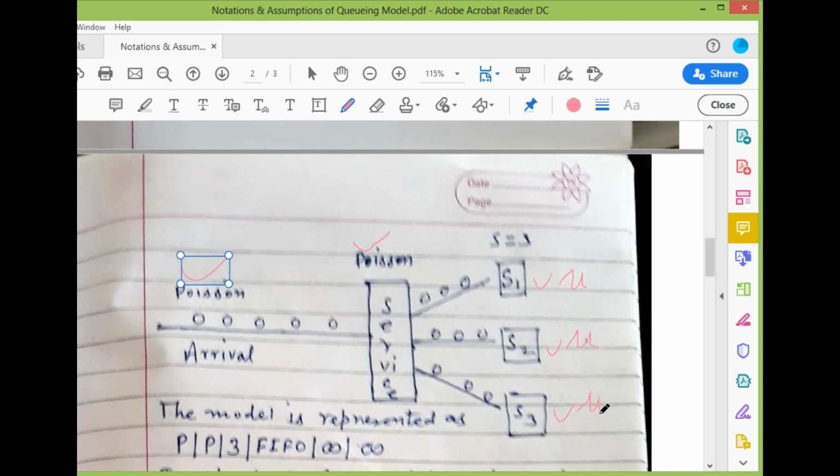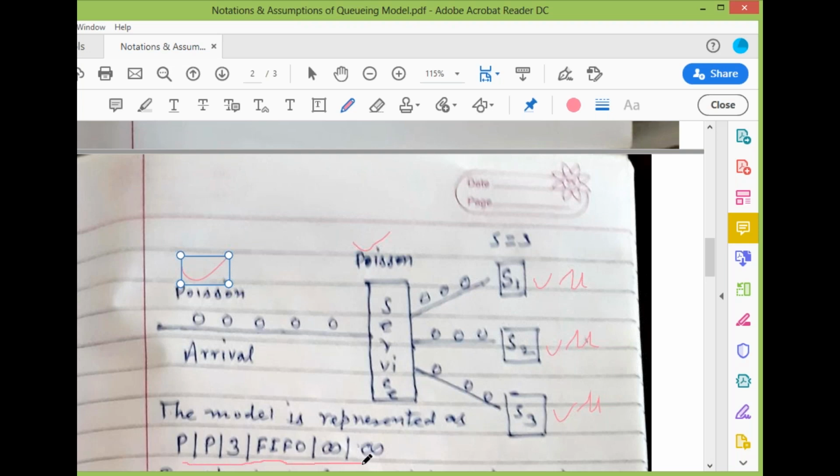Their service rate is same unless it is mentioned that the service rate is going to be changed. We will discuss such models also at an appropriate point of time, that how this mu can also change.